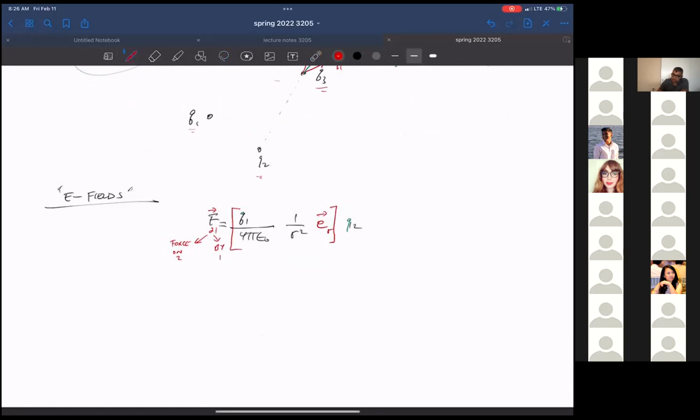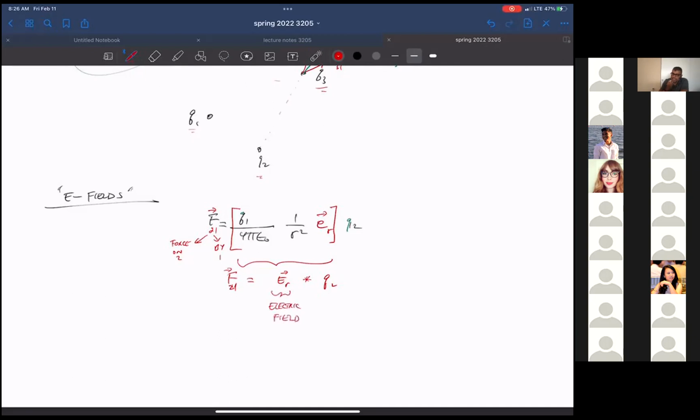It's just that I'm going to call this the electric field, E_r, times Q2. So the force would take this multiplied by Q2. I'm just rewriting the way the equation looks, and I'm calling this part the electric field.